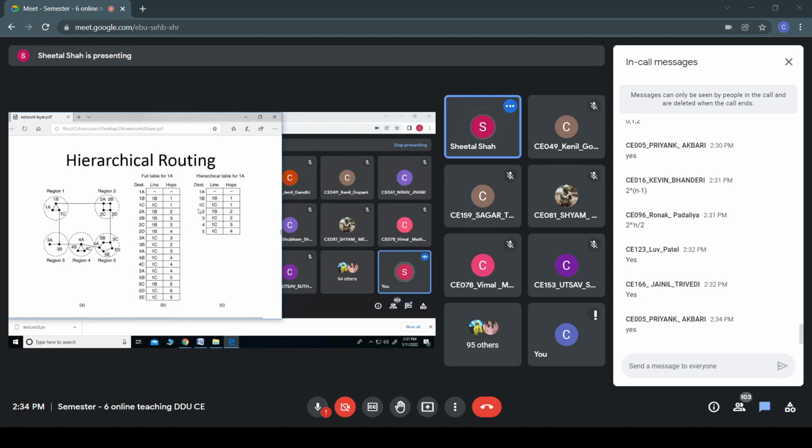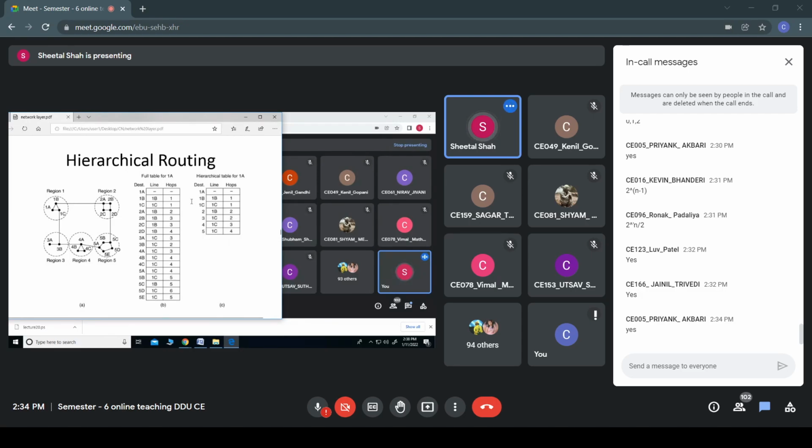So if router 1A wants to send a packet to some router in the second region, it knows that region 2 can be reached via 1B, and to reach region 2 it takes two hops, one hop from 1A to 1B and the other hop from 1B to 2A. Similarly, it can reach region 3 via 1C, and the number of hops is 2, and so on.